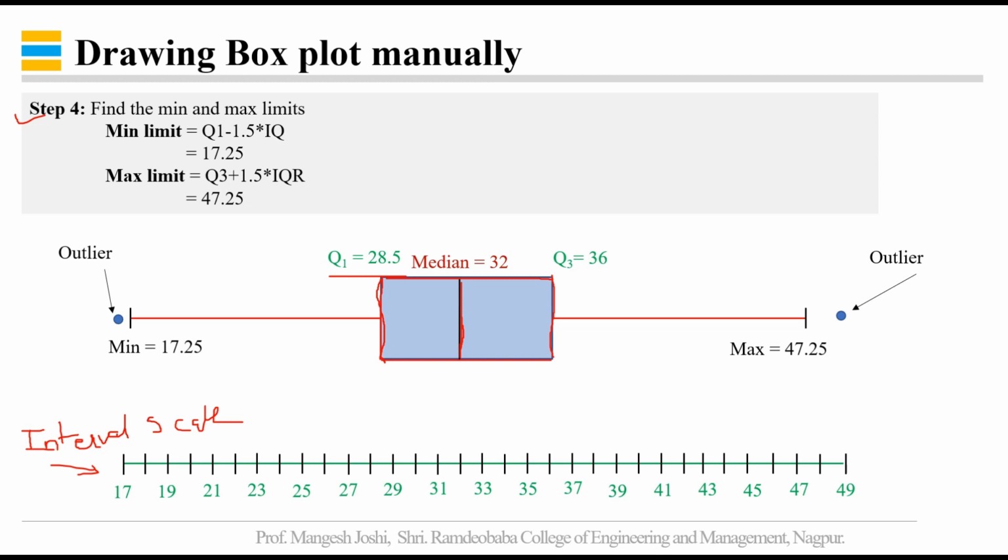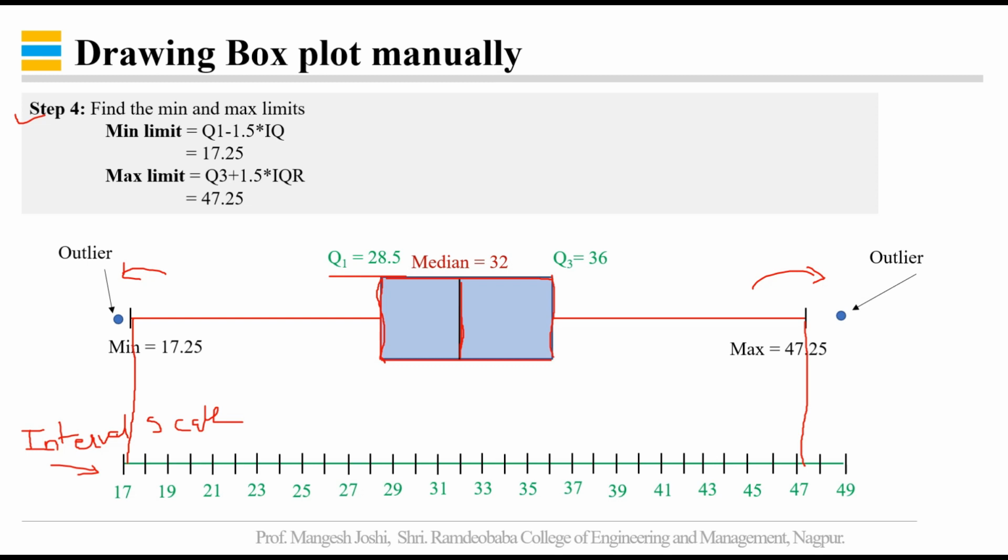So that you have identified the maximum value as well as minimum value. The maximum value we have marked at 47.25, right? So this is the maximum value at 47.25 and minimum value at 17.25. Any value above this maximum value will be called an outlier, or any value lesser than this minimum value will also be called an outlier.